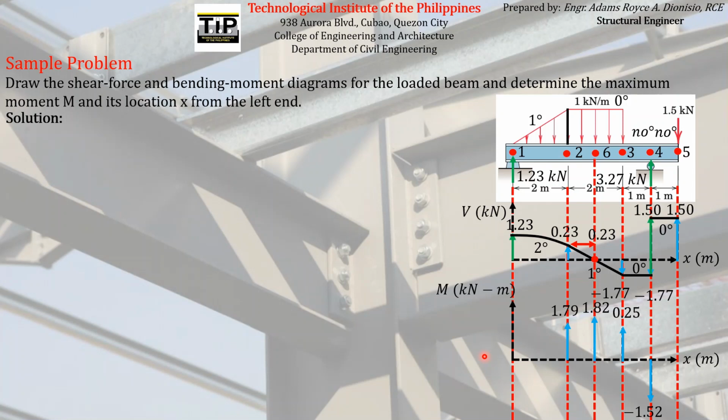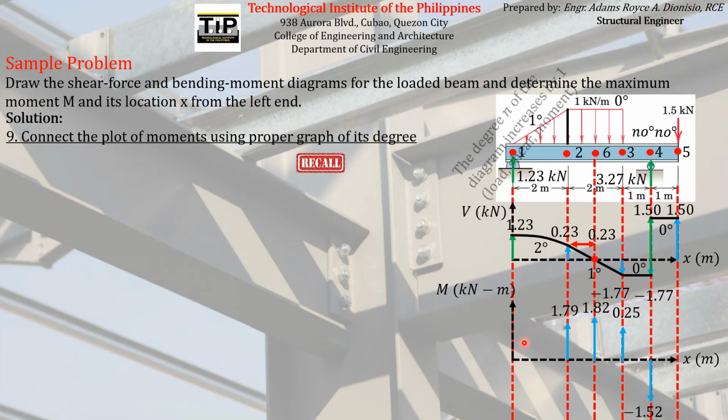So next step, second to the last step, is after we have plotted the corresponding magnitudes of the bending moments on the different points on the beam, again, just like what we did on the shear force diagram, we just have to connect those corresponding points using the correct graph with respect to the expected degree of the curve on the bending moment diagram.